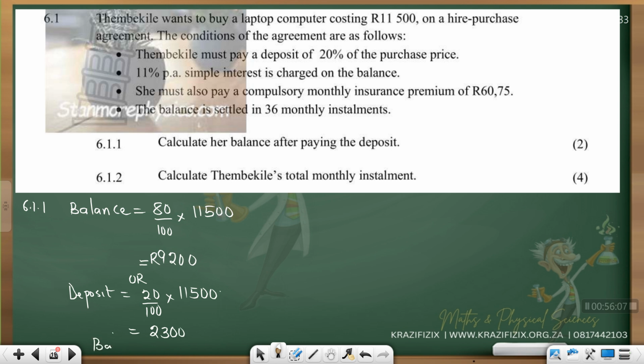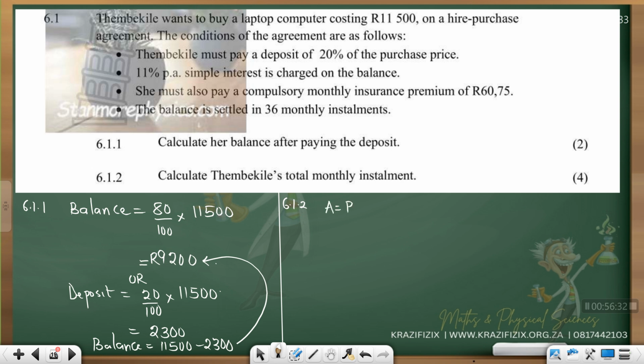Then the balance would be 11,500 minus 2,300. Will that give us the same amount? 9,200.